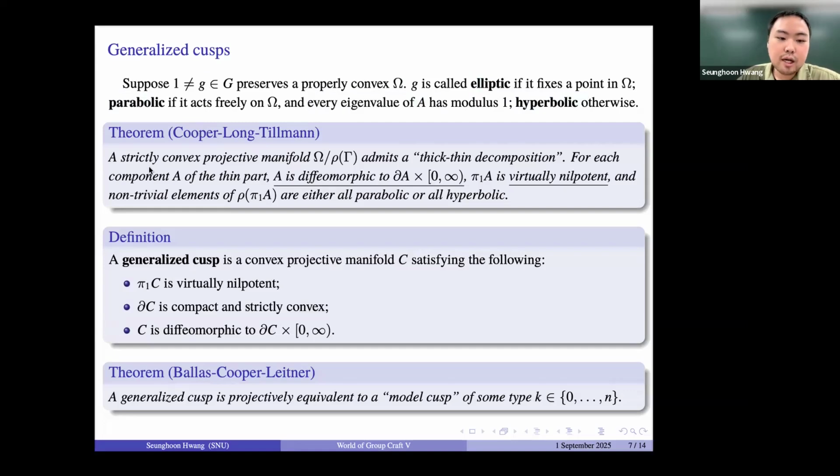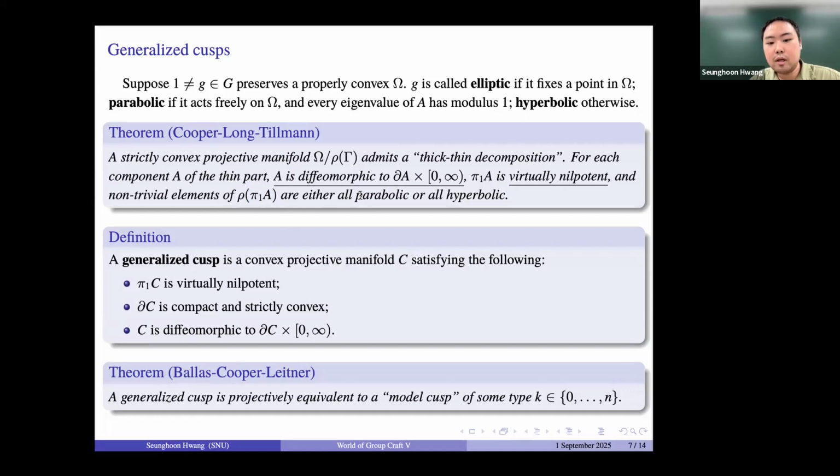What Cooper, Long, Tillmann found out for strictly convex projective manifolds is that they always admit thick-thin decompositions, and moreover, their thin part is diffeomorphic to the product manifold of an infinite interval and its boundary, and each component of the thin part must have virtually nilpotent holonomy, and any non-trivial elements of this image are either all parabolic or all hyperbolic.